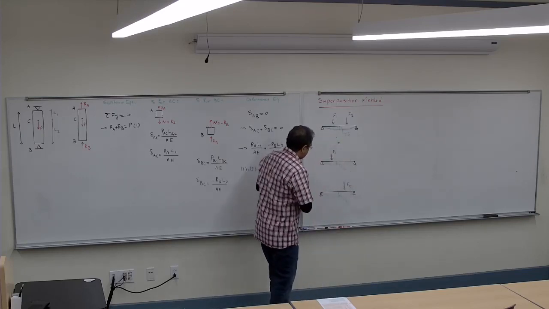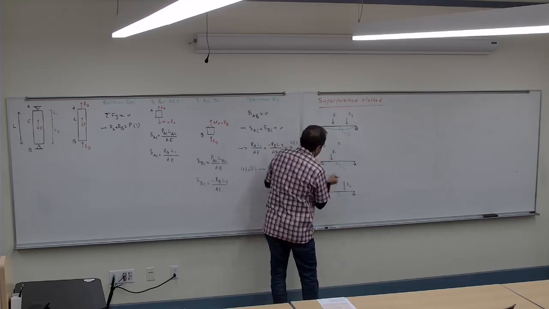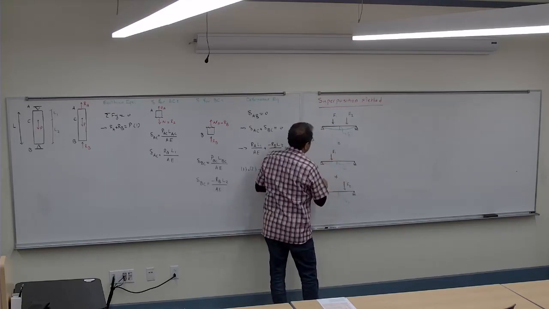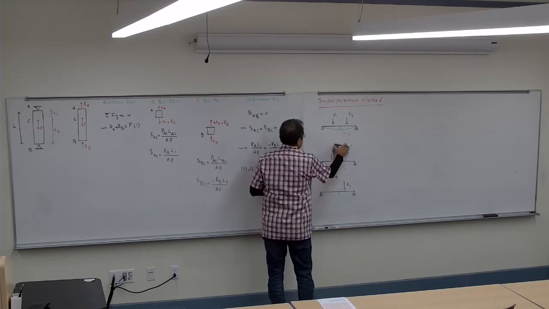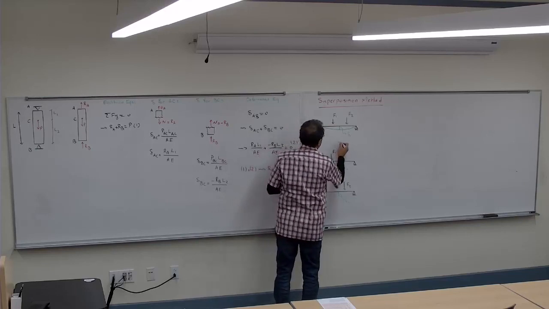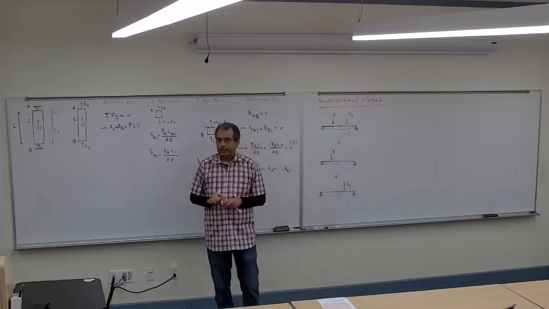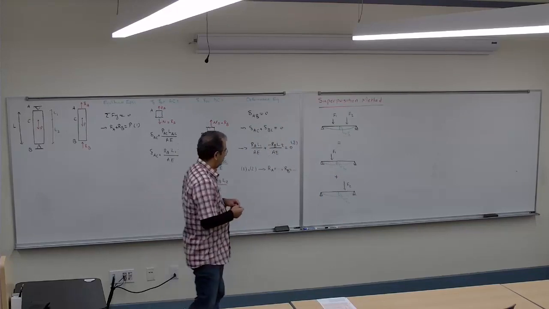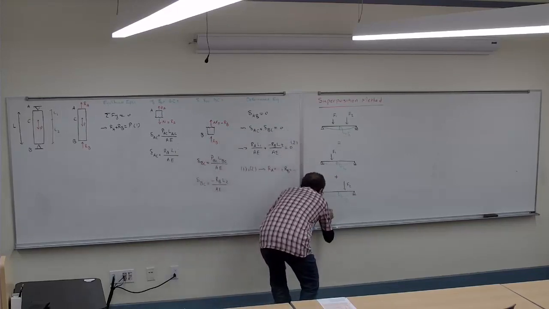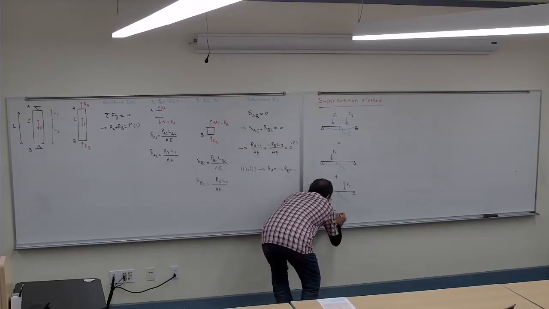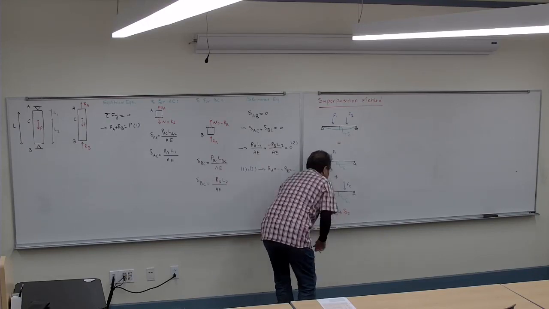I can go ahead and say, you know what, if I add these together, it gives me the original one. So in other words, I can say that delta is equal to delta 1 plus delta 2.